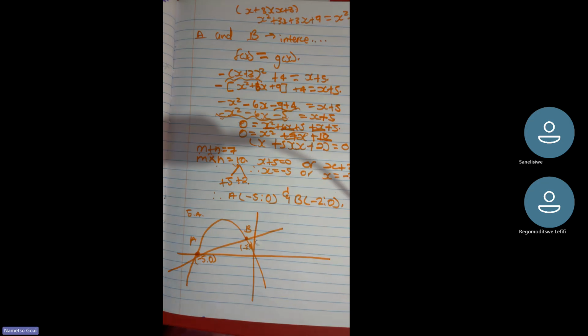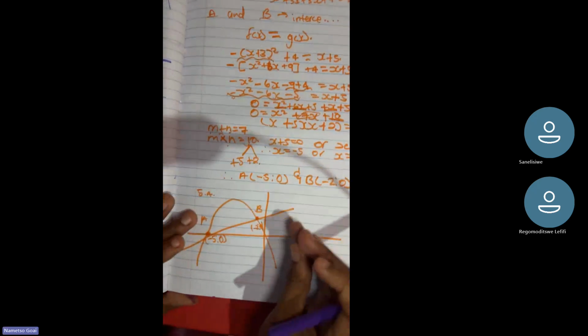So let's look at what they're saying. They're saying, hence determine the values of C for which the equation will have what? One negative and one positive root. So when they say one negative and one positive, what they essentially mean is that we should perform an operation on this graph that we currently have.